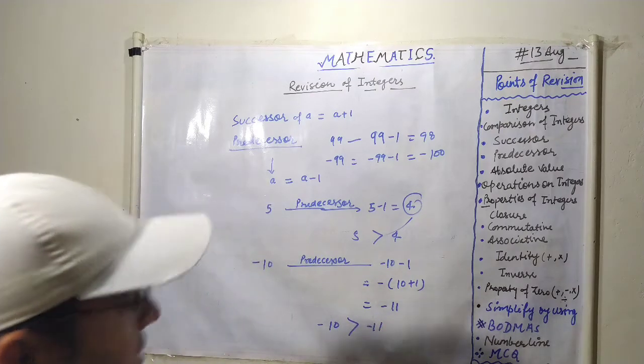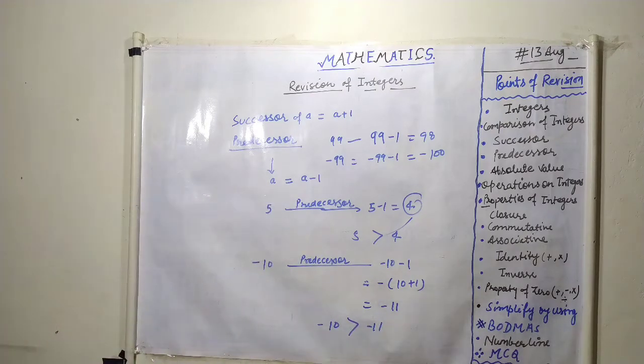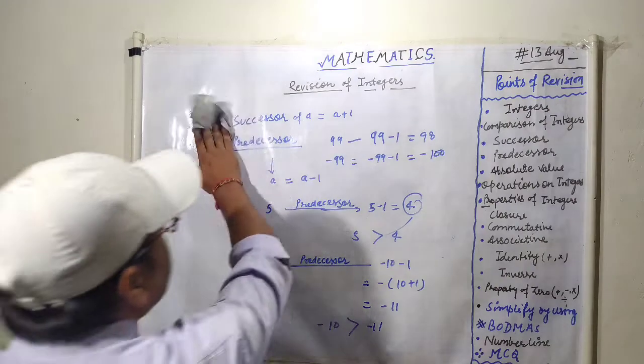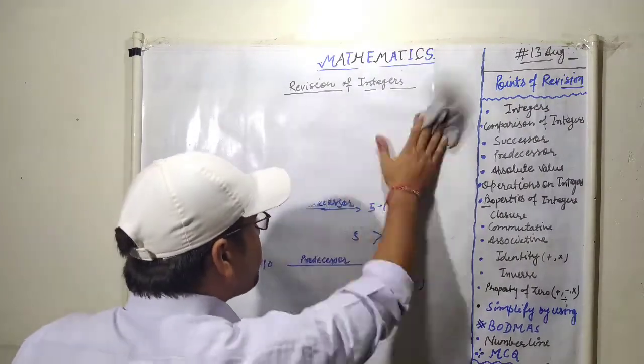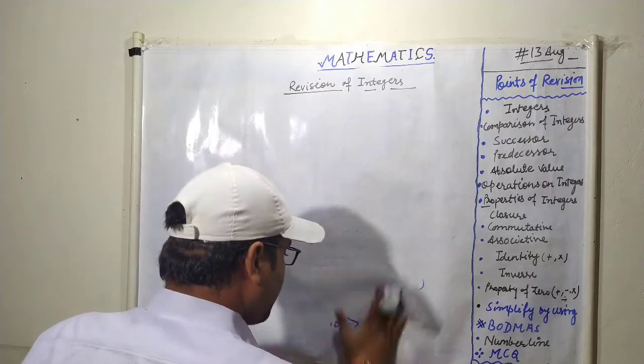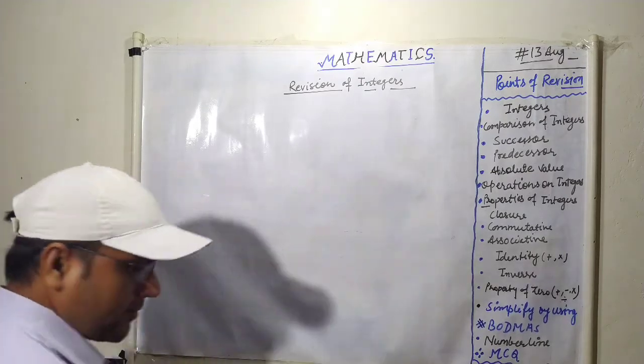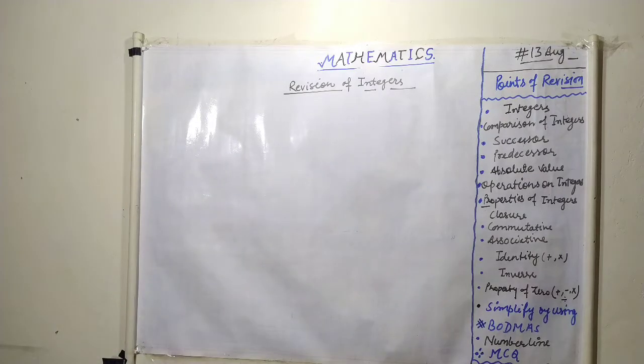Now the absolute value. Absolute value, a very important point, means the value of an integer without its sign, the numerical value regardless of its sign.